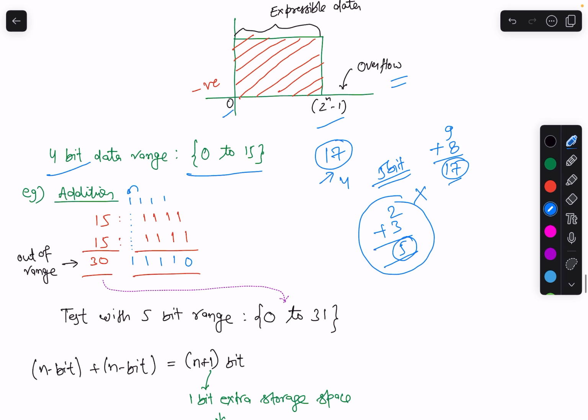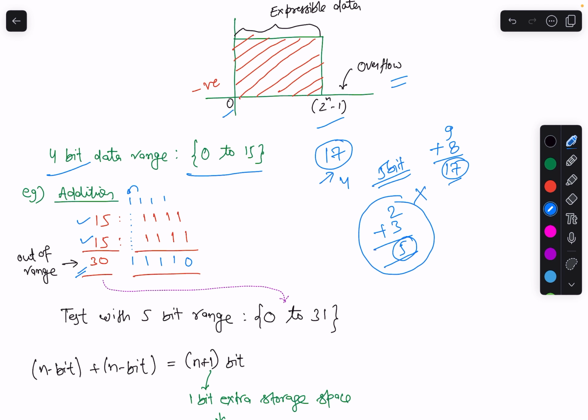But here we are taking the highest number of 4 bits, that is 15, and we are adding 15 plus 15, in 4 bits. If we add them we get 30. We know that we cannot store 30 in 4 bits because we can store only 0 to 15.